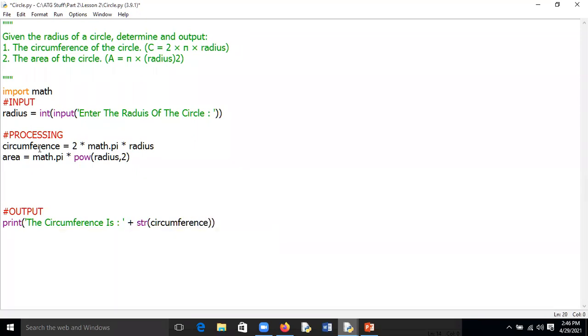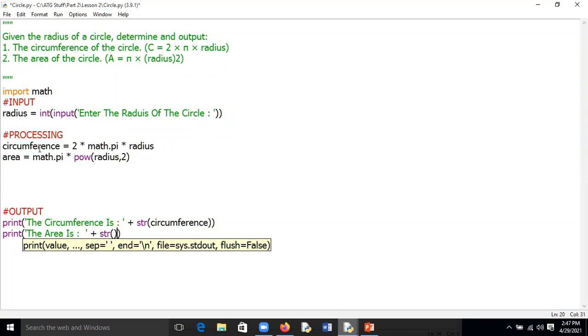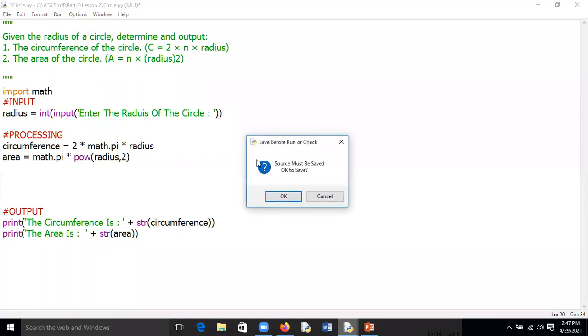And we're going to output our area. The area is, and once again, cast it into string, and it's going to be area. Okay, we will come back to this just now, to this processing part, to actually look at what we're going to do.